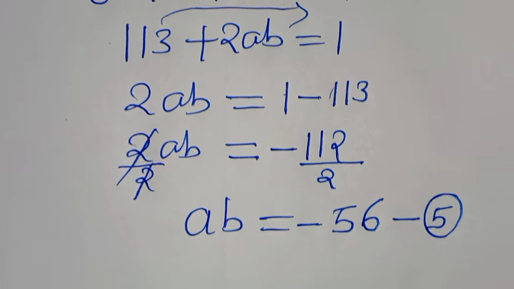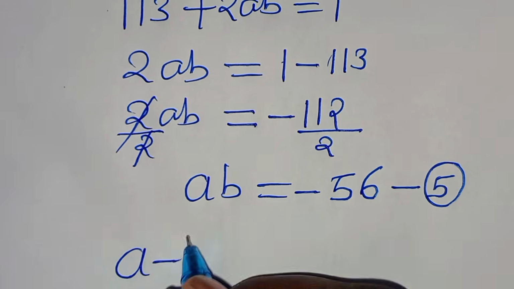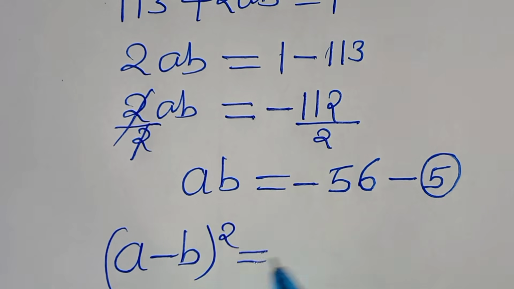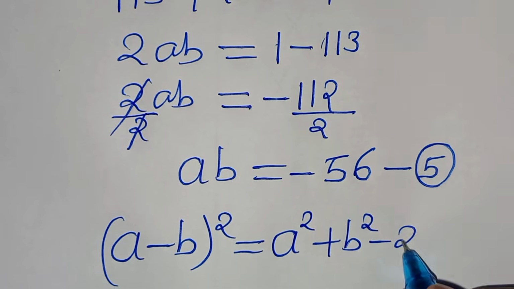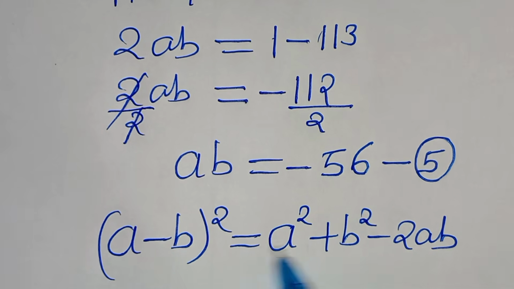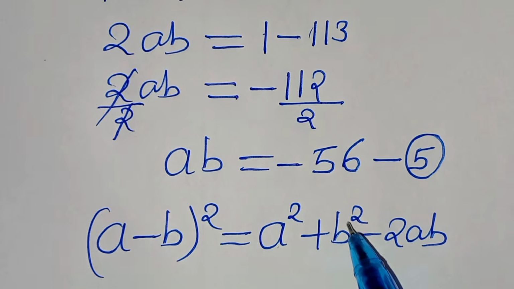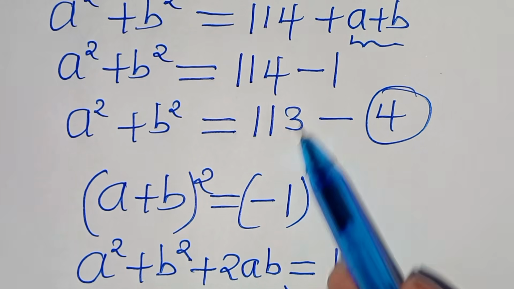The next step is that we know that a minus b raised to the power of 2 is the same thing as a to the power of 2 plus b to the power of 2 subtract 2ab. Now, this is an algebraic identity such that a squared plus b squared, which we have in equation 4, is 113.